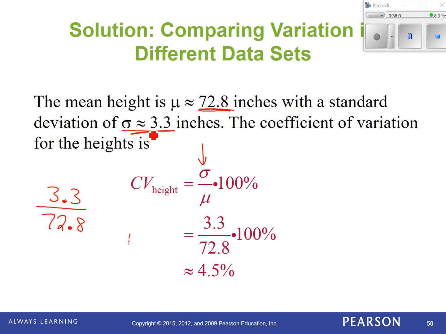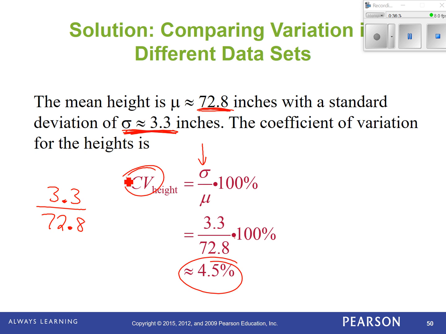So I found the mean and the standard deviation, that's here and here, and then when we plug it in here, times 100%, we end up with about 4.5%. So that's our coefficient of variation. Sort of saying that it varies about 4.5% from player to player.